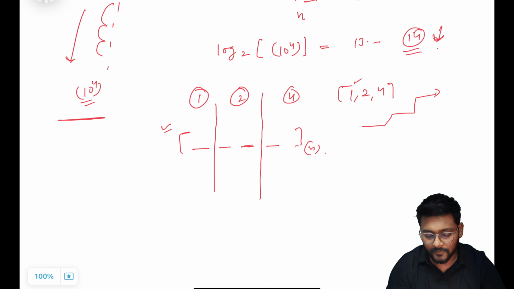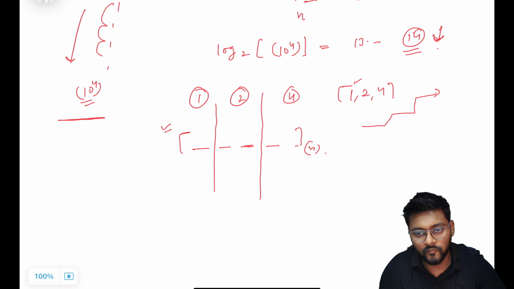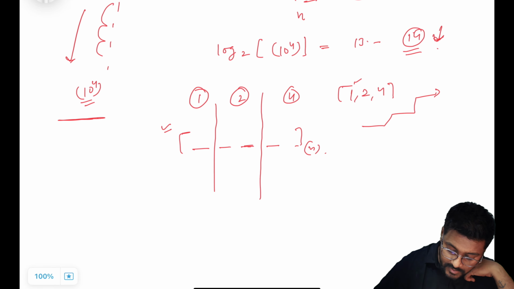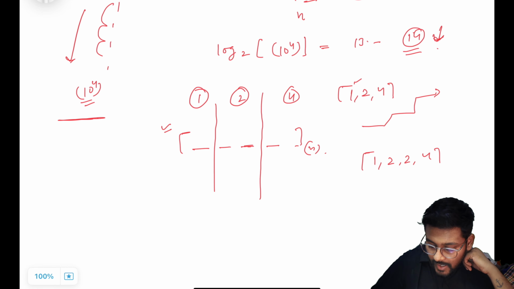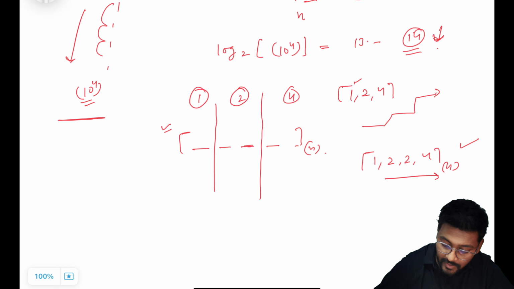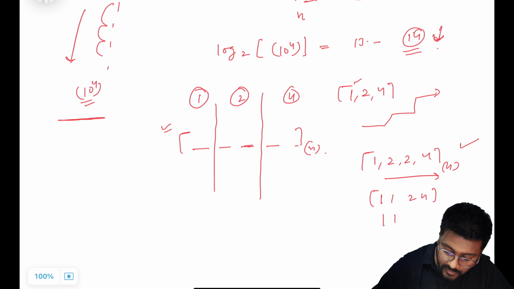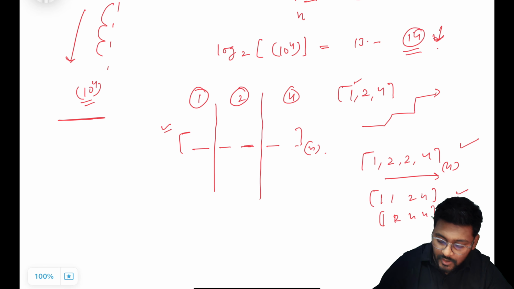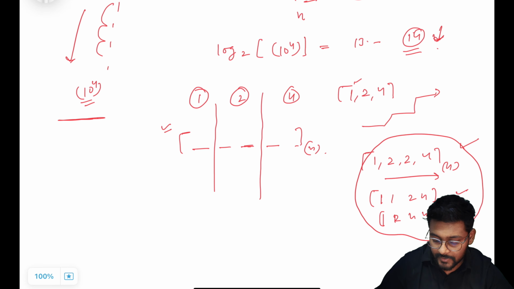So this is something I can take as a part of my ideal array. So this is 1 2 2 4, ideal array of size 4. This is completely valid. 1 1 2 4 is also valid. 1 1 1 2 4 4 is also valid. So these are the possibilities I need to capture now.